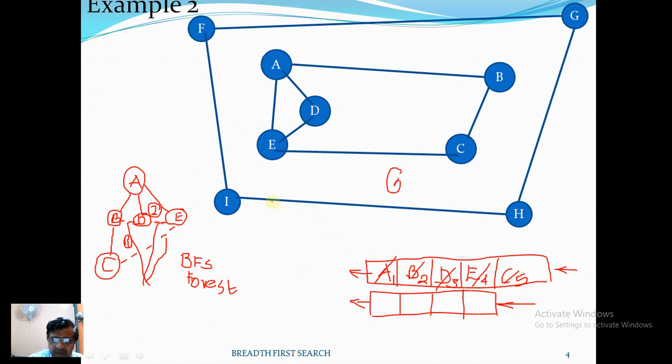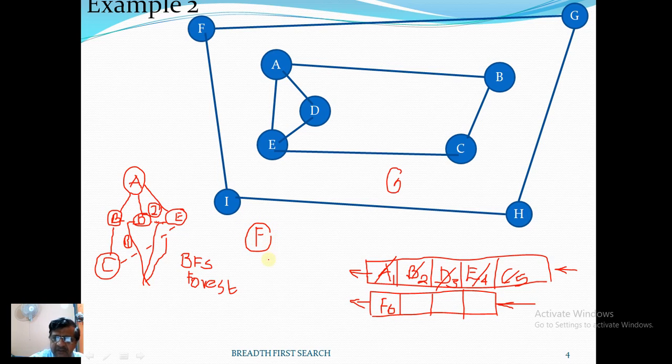So the algorithm visits F in its second new iteration. F is the 6th vertex to be enqueued.